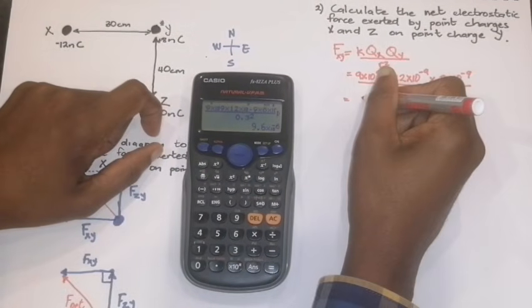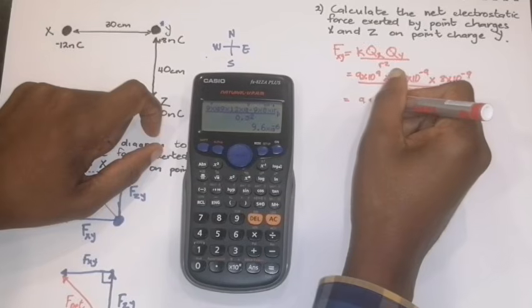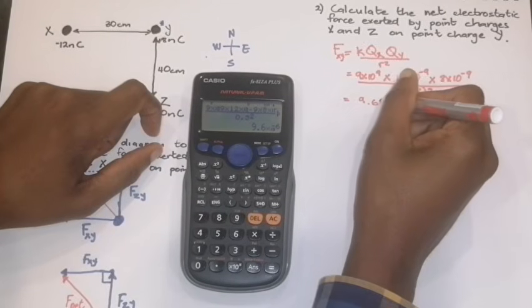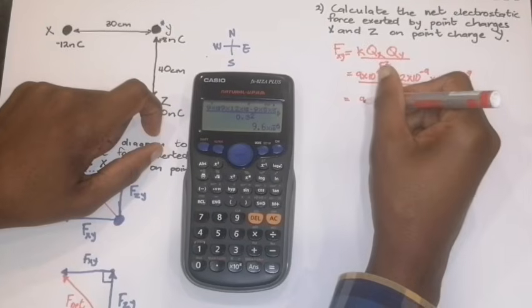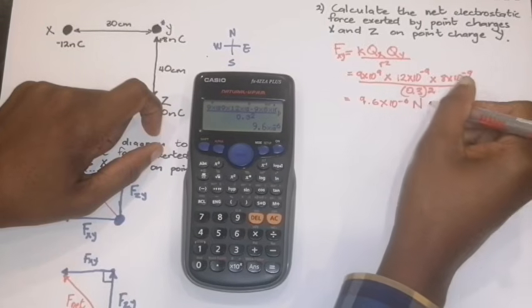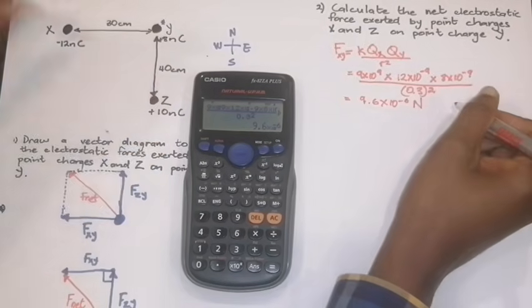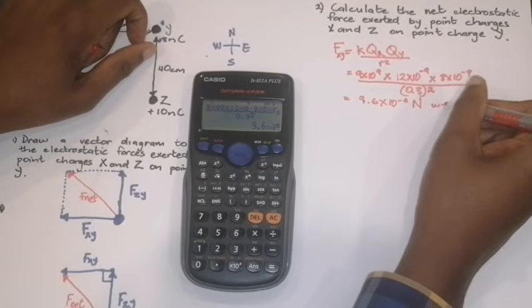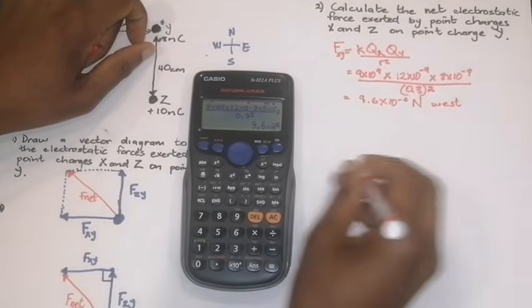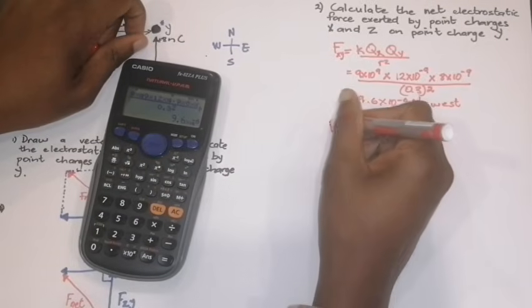That's 9.6 times 10 minus 6. Remember, that is newtons, all right? And you've already told me that that force is to the west.